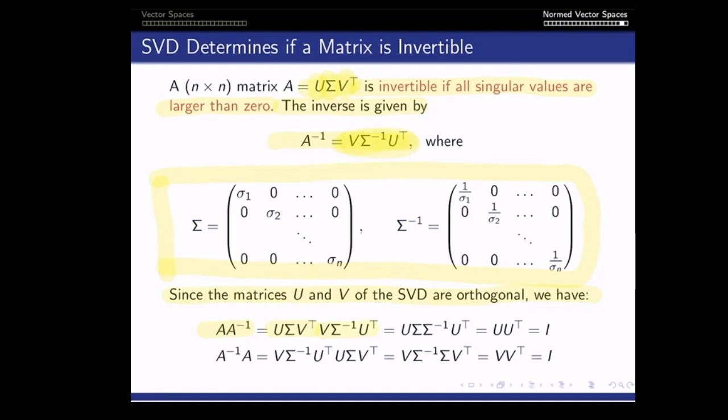Then we have V transpose times V, which is the identity matrix because V is orthogonal, and multiplying with the identity does nothing, so we arrive at this term. Sigma times sigma inverse is also the identity matrix, and the remaining part is U times U transposed, which is again the identity because U is orthogonal. We can do the same thing the other way around, and then we get this line here.